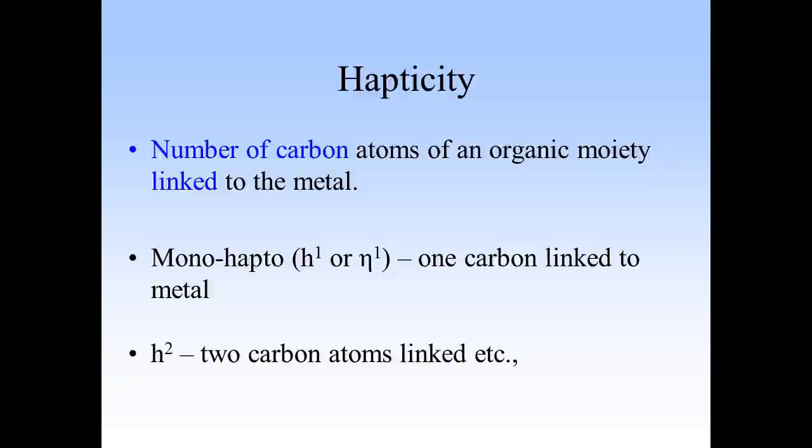If two carbon atoms are linked, we call it dihapto. If there are 3 carbon atoms, it is called trihapto. So hapticity or hapto can be represented by H1 or eta power 1. That is the representation we use in the case of hapticity.